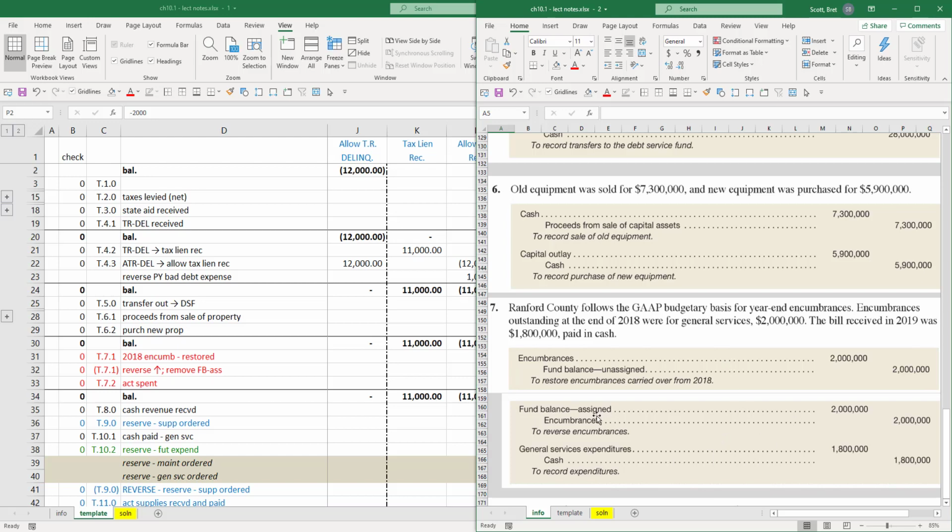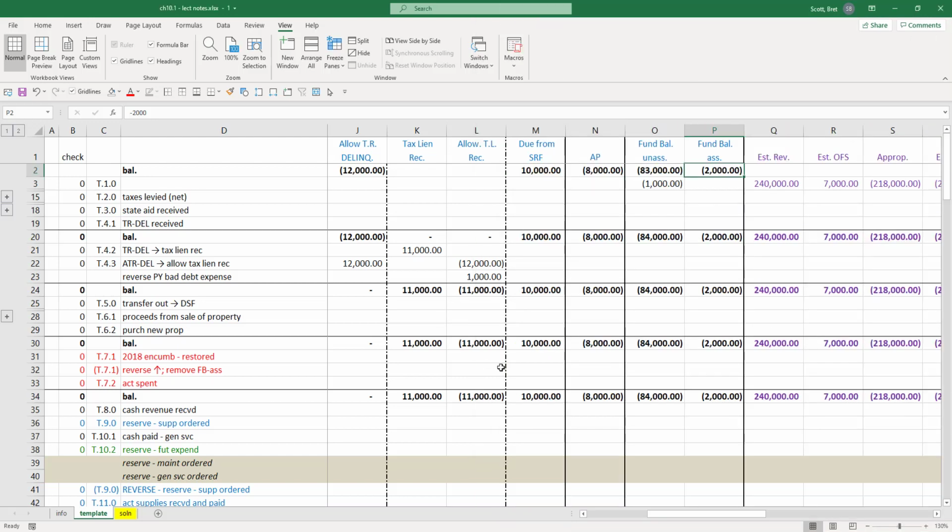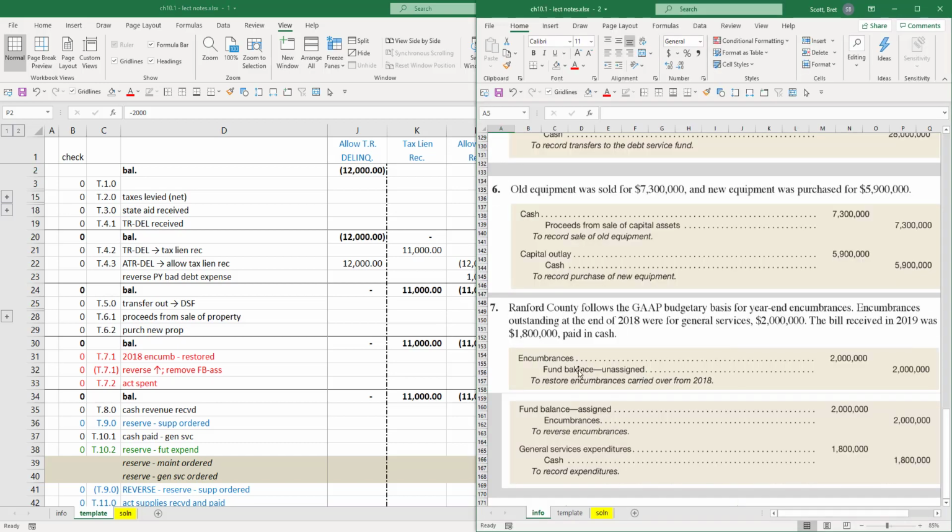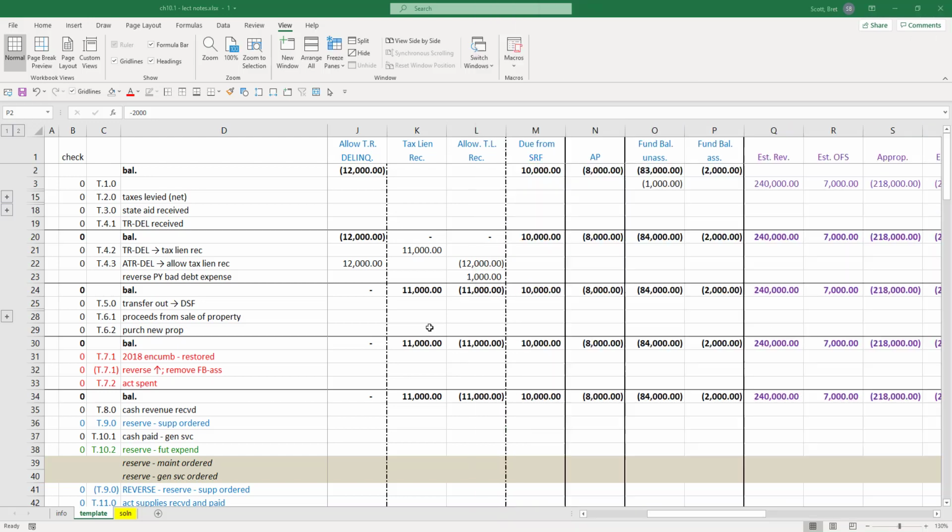Well, you have to take a step-by-step approach. First, we need to get rid of the unassigned portion of that encumbrance, the $2 million. So this is going to look weird because it's going to look like we're recording an encumbrance and then taking it immediately out. So first things first, debit encumbrances and get rid of the $2 million in the unassigned fund balance.